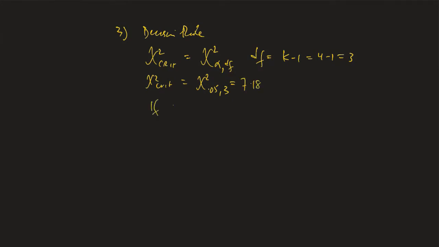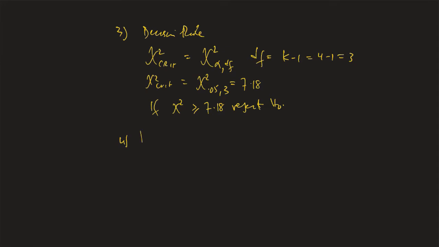So if chi-squared is greater than 7.81, we will reject the null hypothesis. Now let's do step 4.